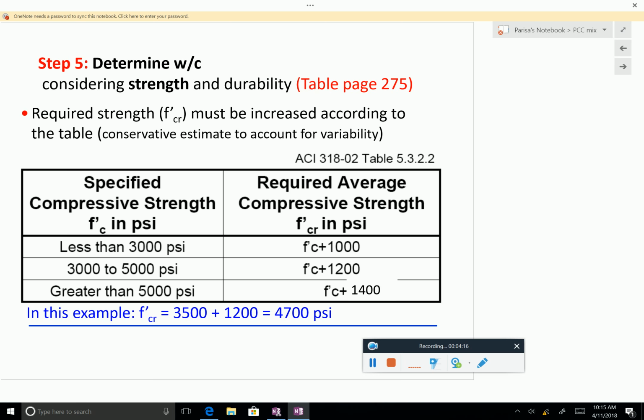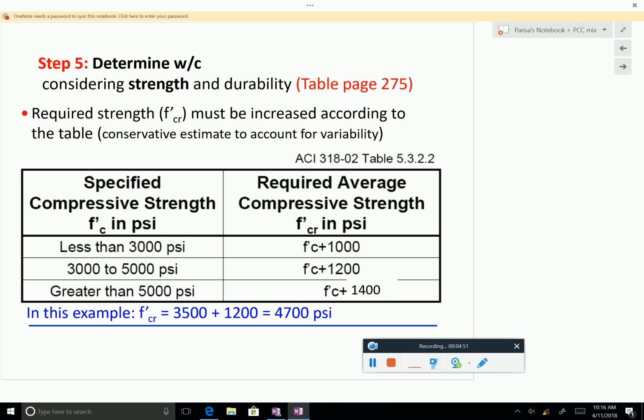If you don't know anything about standard deviation, you are not given any information, then there is a table which helps you add another number to increase your design strength. So you don't go with 3500, you bump it up a little bit to make sure that most of your material is actually going to have this kind of strength. So this is the thinking behind it.